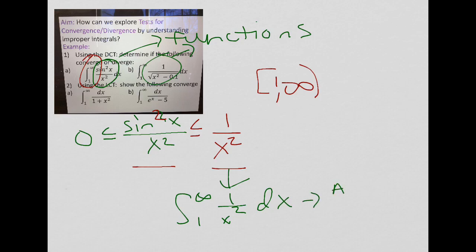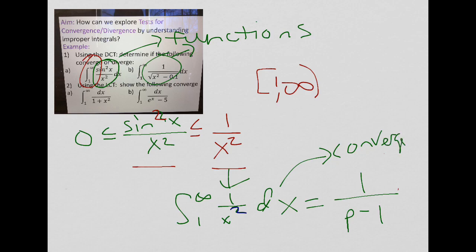This was in the other day's lesson. Okay, so I believe it was 2 lessons ago. Actually, it could have just been in the last lesson, so I apologize. So this was evaluated as 1 over p minus 1. Okay, so this does converge and it does have an answer, which is important.